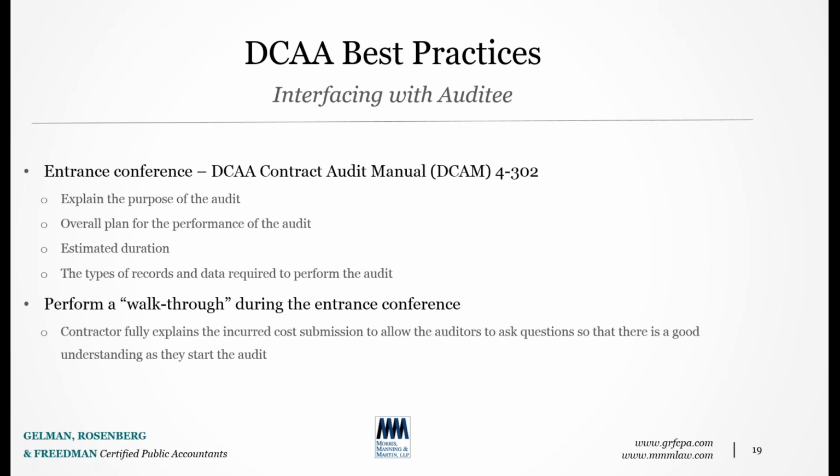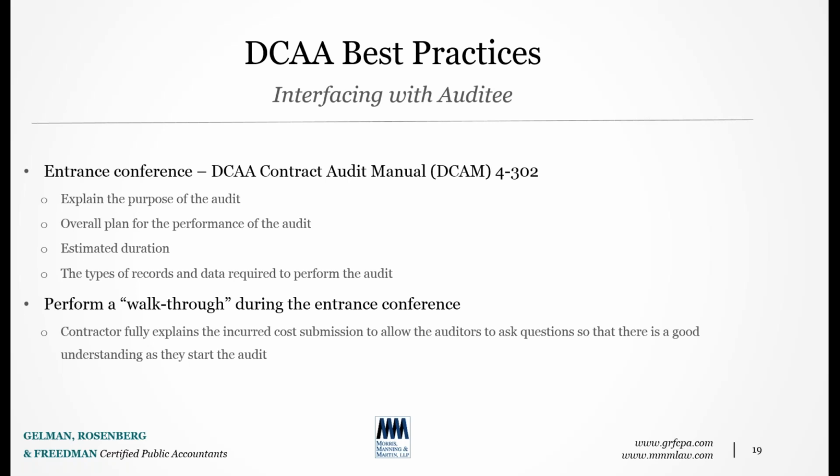So another thing that is very helpful is when the government auditor actually does a walkthrough. Basically a walkthrough is getting a full understanding, in this case, of what's required in the incurred cost audit. This may happen during the entrance conference.